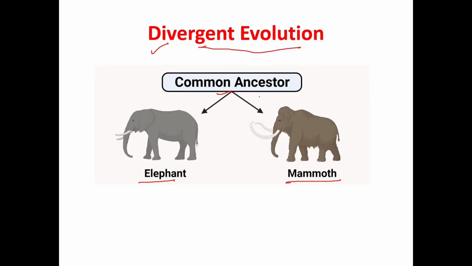So divergent evolution means similar origin but differing in function. So divergent evolution shows homologous organs.